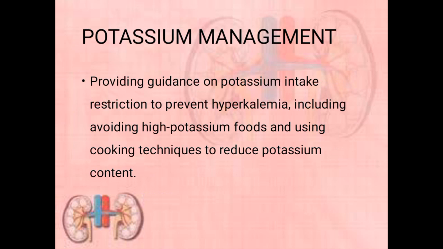Then, here we go again, potassium management. Providing guidance on potassium intake restriction to prevent hyperkalemia, including avoiding high potassium foods and using cooking techniques to reduce potassium content. So as a dietitian, you need to know how to reduce potassium content from the food, but also which foods are low potassium and which are high potassium.